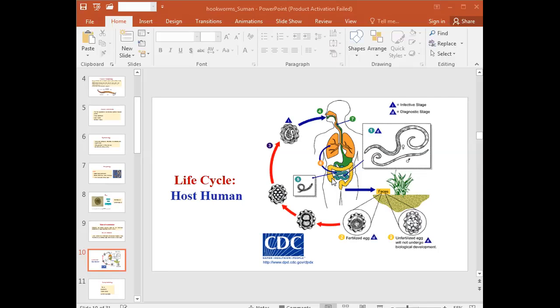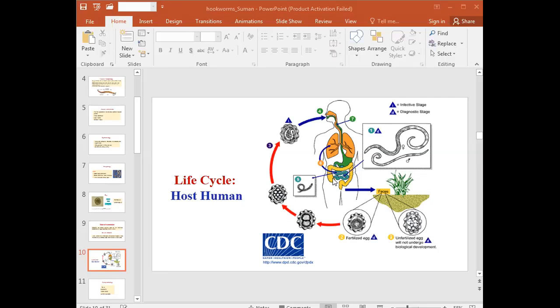The optimum conditions for this particular parasite are moist, warm, shaded soil, and the soil must be clay in nature. So these are the four parameters of the environment they prefer for their growth and development.